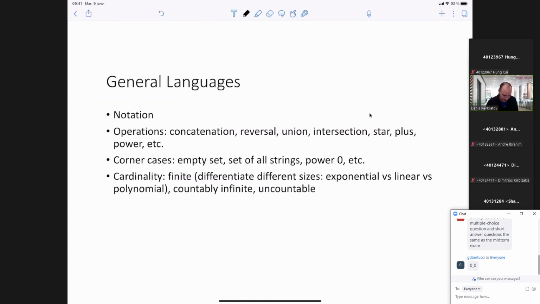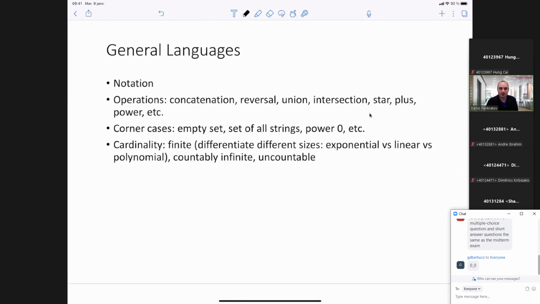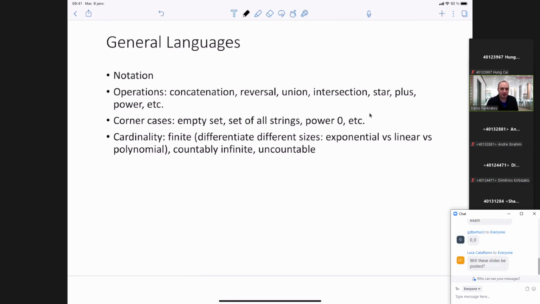Okay, so in terms of main topics, for general languages, of course, you should be familiar with different kinds of notations, how to represent languages in terms of, say, set builder notation, or in terms of different language operations, such as concatenation, reversal, union, intersection, star, plus, power, and so on. There are many corner cases for the languages.